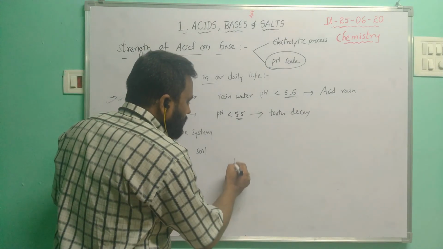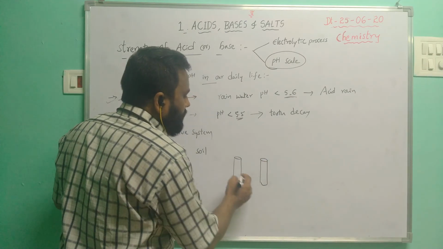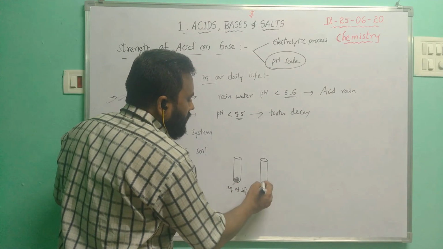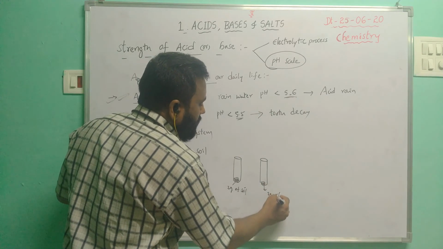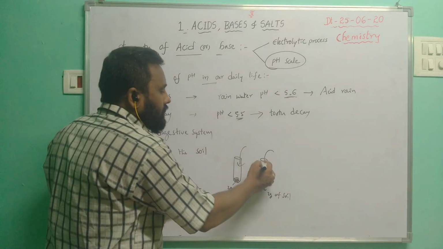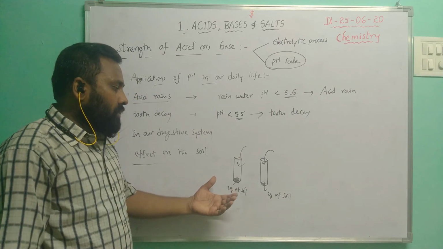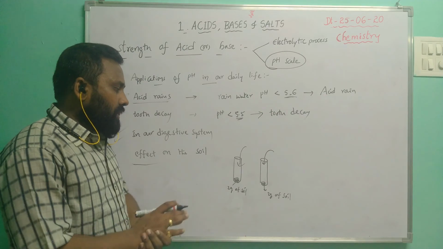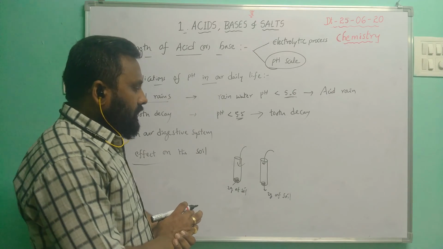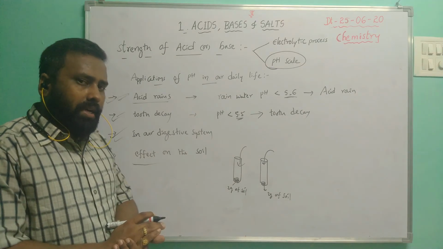This is one sample, this is another sample. In this test tube, take 2 grams of soil, and in this test tube also 2 grams of soil. Then add distilled water to these two samples and dissolve. Then filter the solution, take the filtrate and test it with the pH scale. You can easily identify whether the soil is acidic or basic.